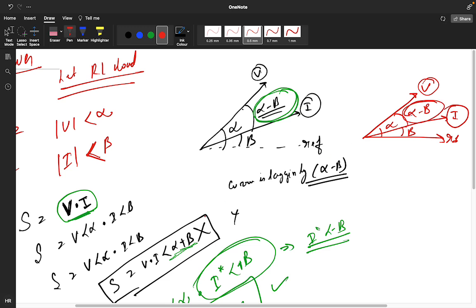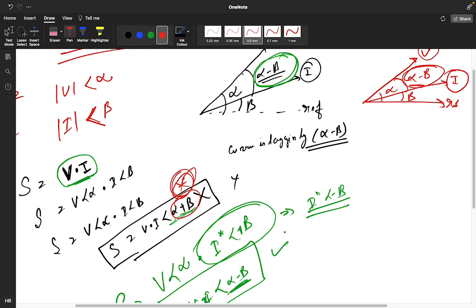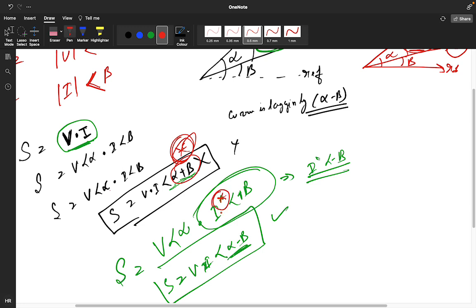If you write directly V into I, alpha plus beta comes, which is the wrong result. So for getting alpha minus beta, we put the conjugate sign, because our original angle is alpha minus beta. That's why we have to take the conjugate.